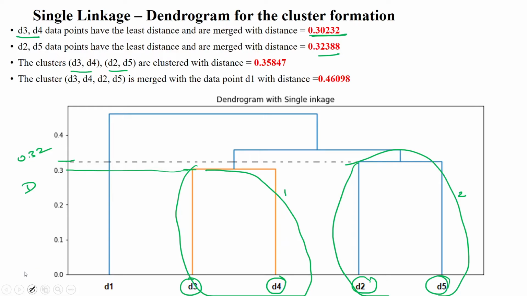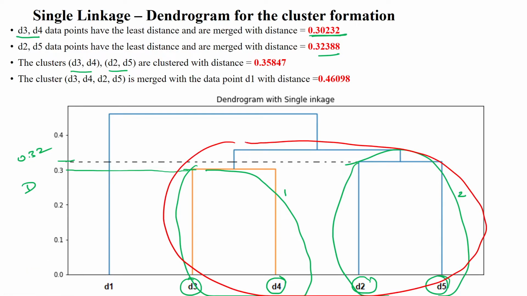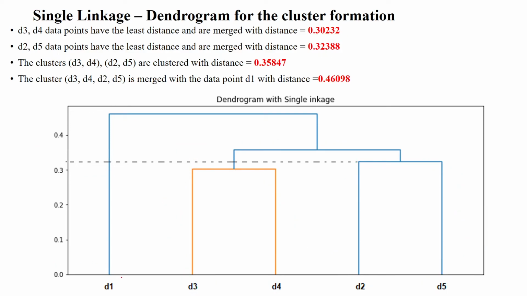When combining, the two clusters merge at this distance, 0.35. After combining, we have one remaining data point and one big cluster.